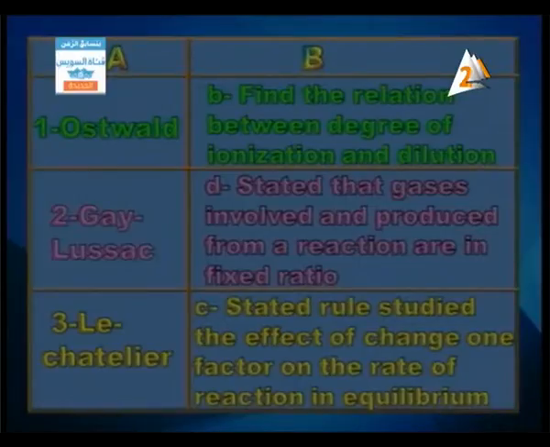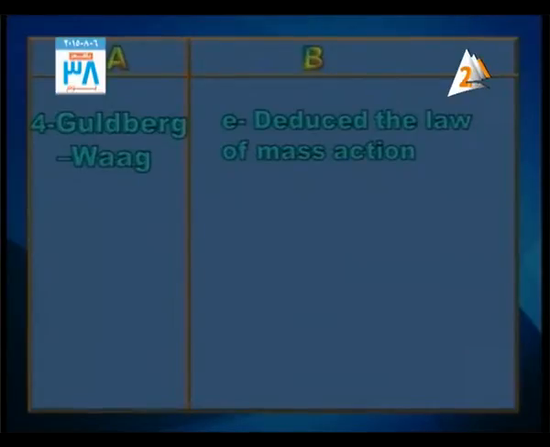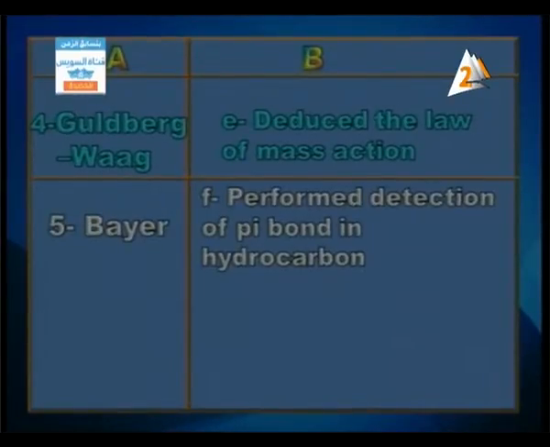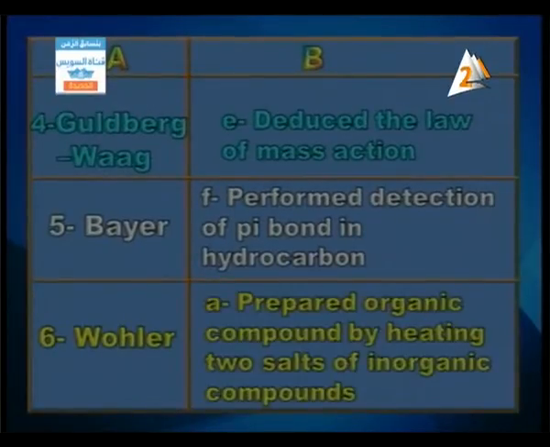Le Chatelier stated the rule studying the effect of change of one factor on the rate of reaction in equilibrium. Goldberg and Waage deduced the law of mass action. Bayer performed detection of pi bond in hydrocarbon. Wöhler prepared organic compound by heating two salts of inorganic compound.